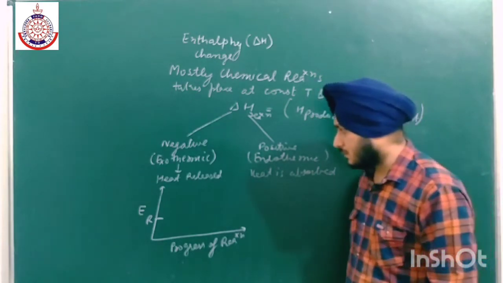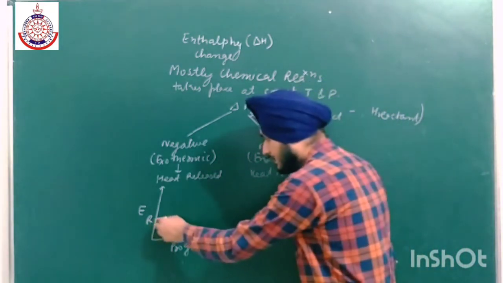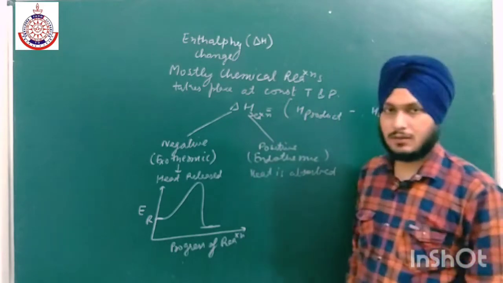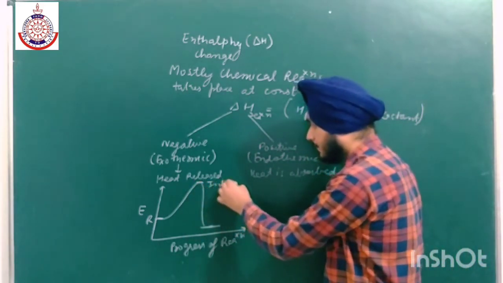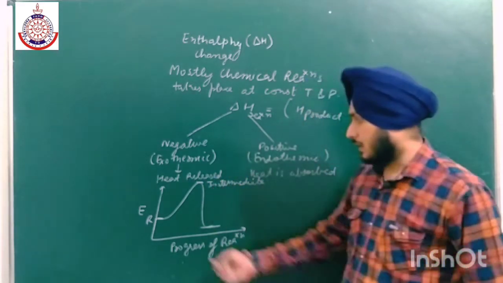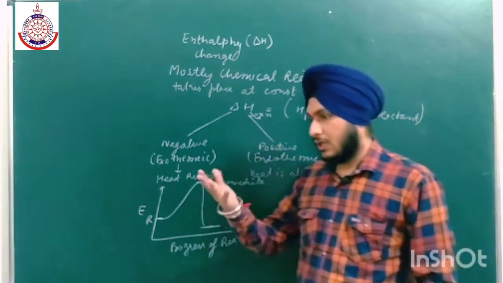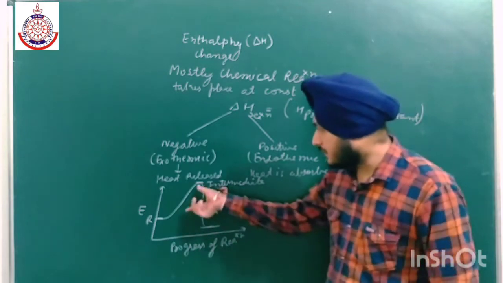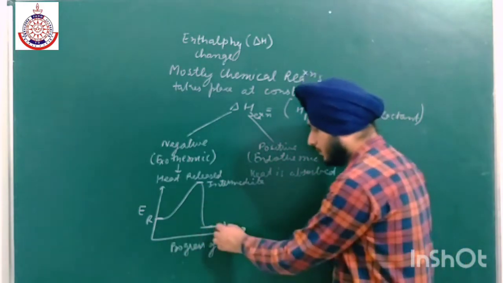As the reaction takes place, the energy increases, and then we will get the product over here. This is the intermediate form. So we have to supply a large amount of energy to the reactant, or the reactants have to cross an energy barrier. This is the energy barrier which a reactant has to cross in order to change into products.